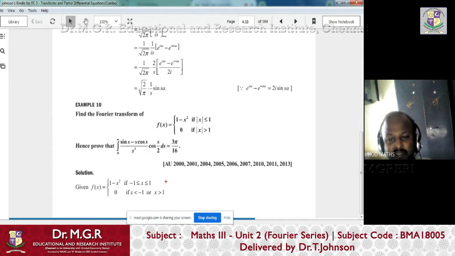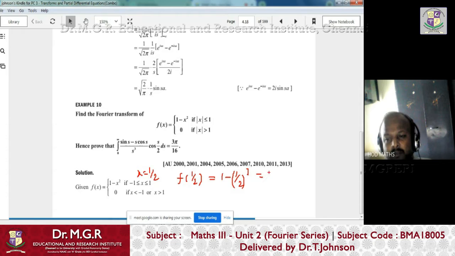So when you assume x equals half, definitely half lies in this interval. So the representation of f of half is 1 minus x square, that is 1 minus half square. But what is half square?